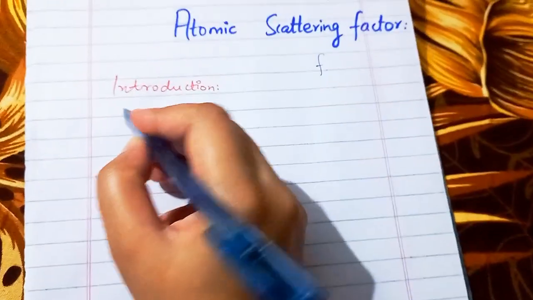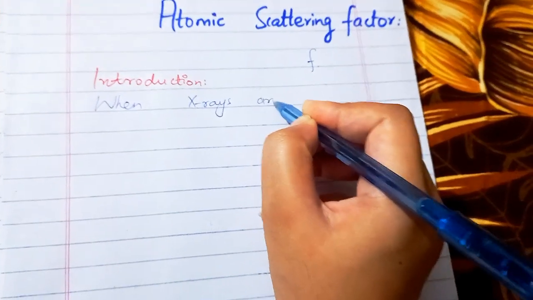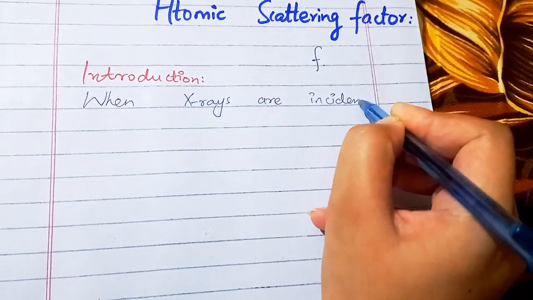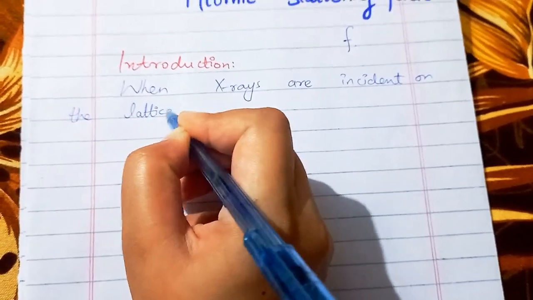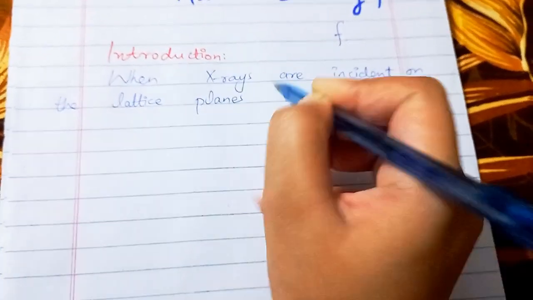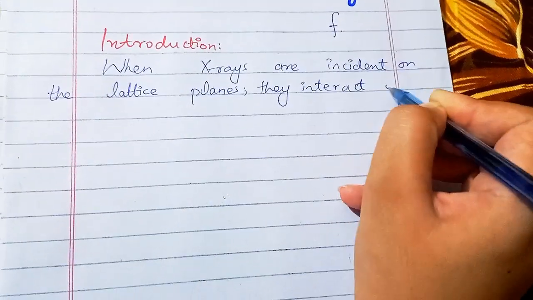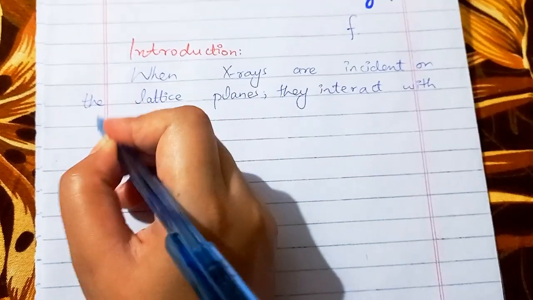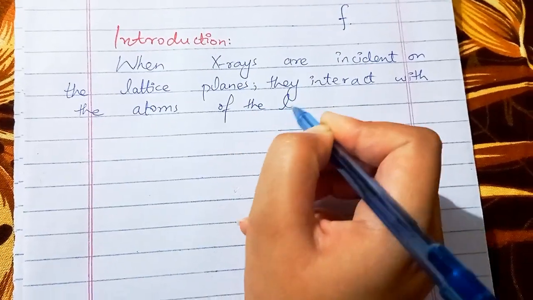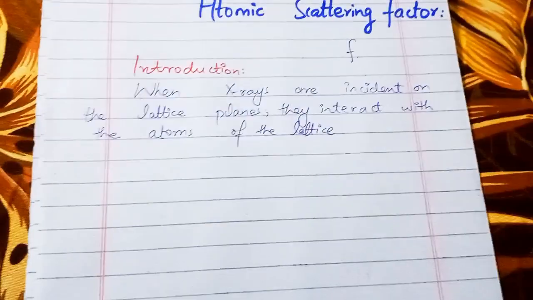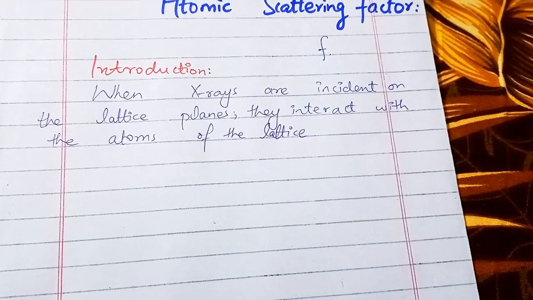So when X-rays are incident on the lattice planes, they interact with the atoms of the lattice, because it is the central question to ask why X-rays are scattered.